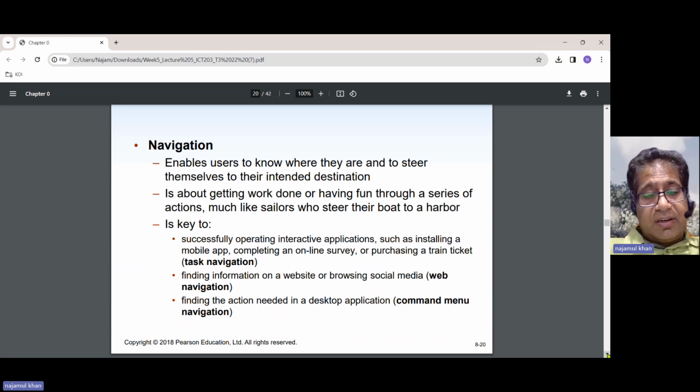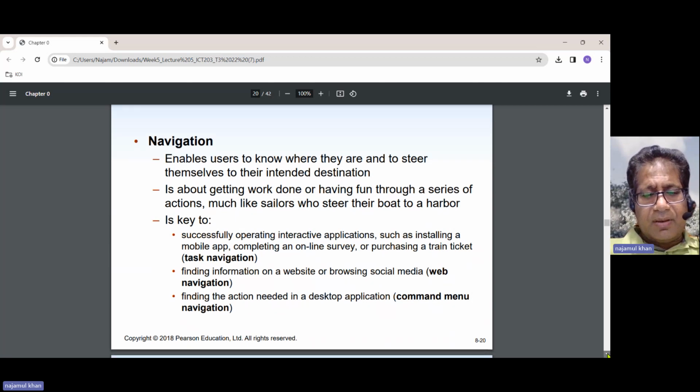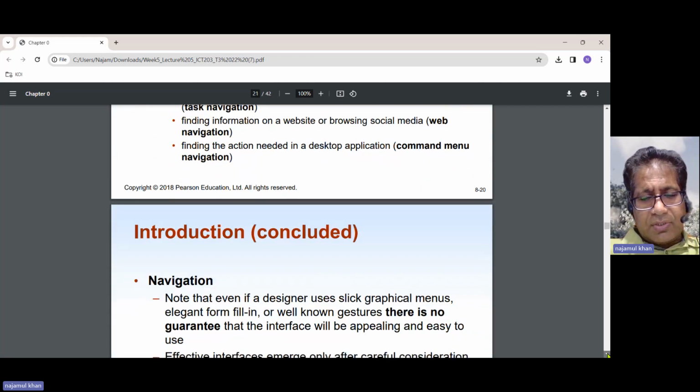Finding the action needed in a desktop application, command menu navigation, a lot of things here. When we talk about navigation, it is an important factor which enhances user experience and makes the experience as easy as it possibly can be. So that's something we all know. It's just an example to give you something.